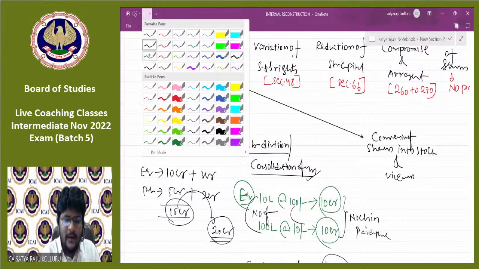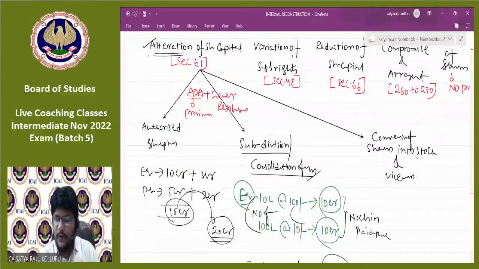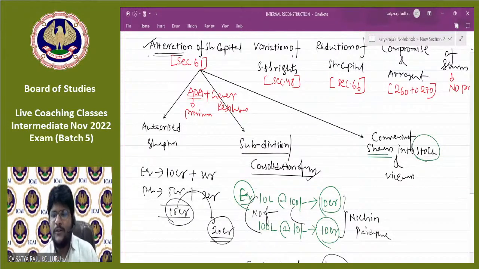What is the meaning of stock, guys? You might be aware of this word stock in your Companies Act 2013. A share is nothing but the smallest denomination in the share capital. Do we agree, all of you? Shares always have certain face values.